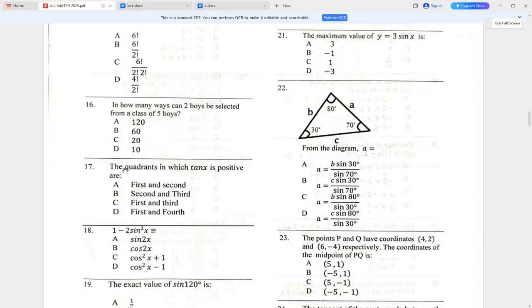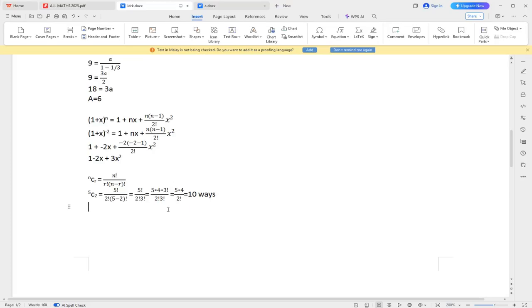Question 17: the quadrants in which tan x is positive are... To answer this, you can use the mnemonic "all students take calculus", where each letter stands for a quadrant: A is the first quadrant, then the second quadrant, third quadrant, fourth quadrant. A stands for all the trigonometric functions, sine, tan, and cos.